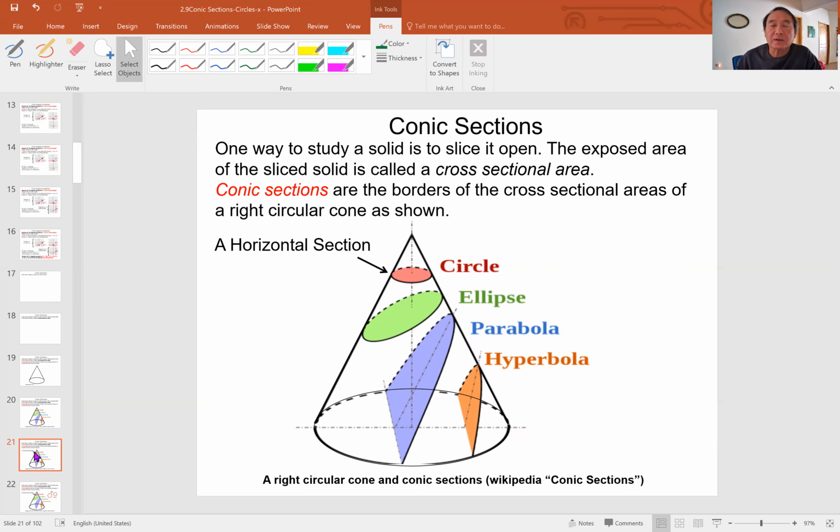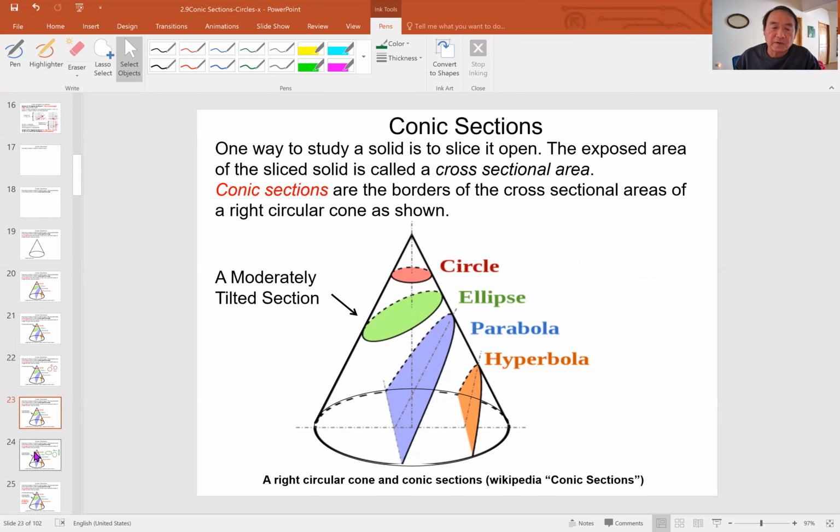If we tilt the cut angle slightly, so it cuts off the tip, but at an angle, then the exposed area is a stretched circle. Okay, and it's an ellipse. So if you tilt moderately, then we get this compressed or stretched circle. These are ellipses.